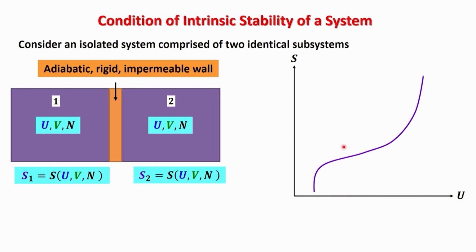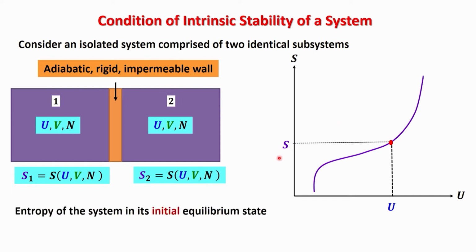Let us say that this is how S varies when U varies. This is just a schematic diagram. So, when any of these subsystems has this value of U for its internal energy, this is the value of S as predicted by this curve, which shows the functional dependence of entropy on U.